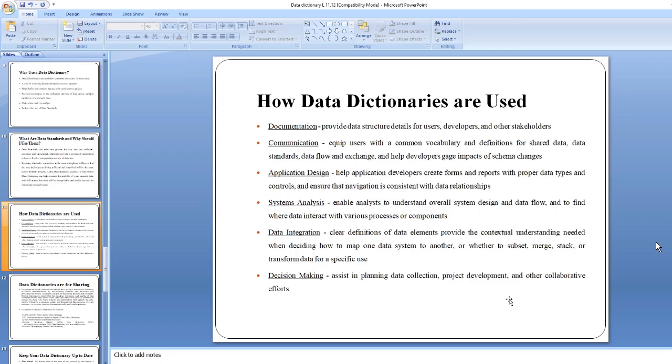So many things would be going on. So this would help us to map one data system to another, or whether to subset, merge, stack, or transform data for a specific use. Now, decision making. It assists in planning data collection, project development, and other collaborative efforts. These would be done.